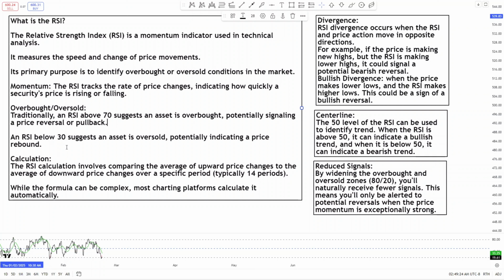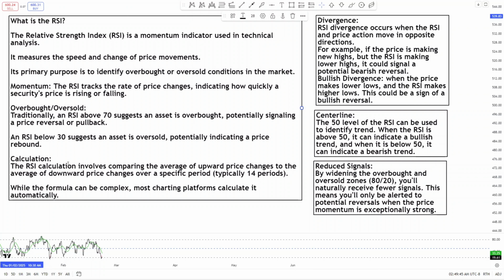An RSI below 30, so this is a default 70-30 out of the box RSI setting that most charting platforms come with. So below 30 suggests that it's oversold, not quite, and I'll talk about that a little bit before we get to the price chart. Potentially indicating a price rebound, not quite at 30, and I'll show you what's really happening.